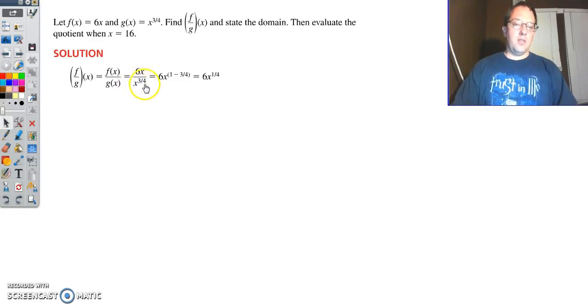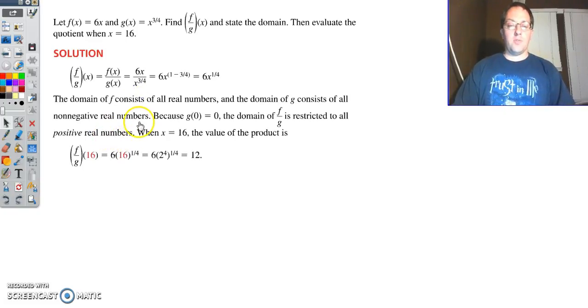So g of x will equal 0 when x equals 0, and we can't divide by 0, so that means x can't equal 0. So instead of having a domain of everything greater than or equal to 0, we'll just have a domain of everything greater than 0. So just the positive numbers. And we want to know what we get when x equals 16, so we just plug in 16 right there, and we work that out, and we get f divided by g of 16 equals 12.